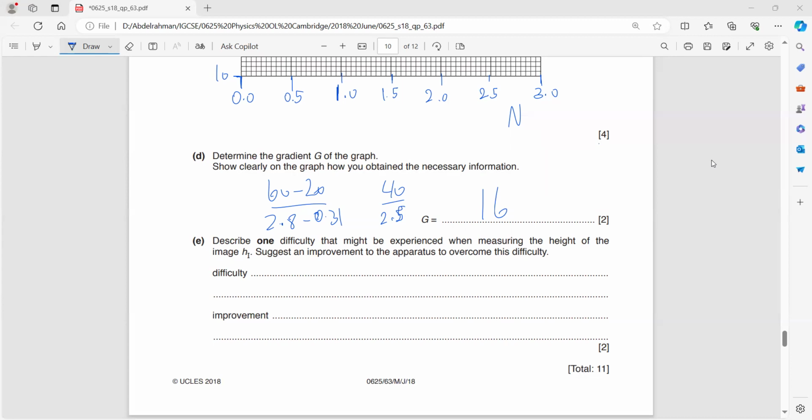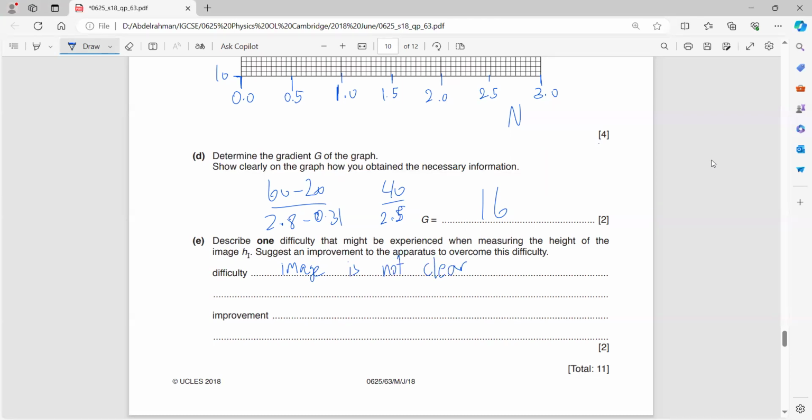Maybe it's inaccurate. One very famous difficulty is that the image does not appear clearly. The image is not clear.